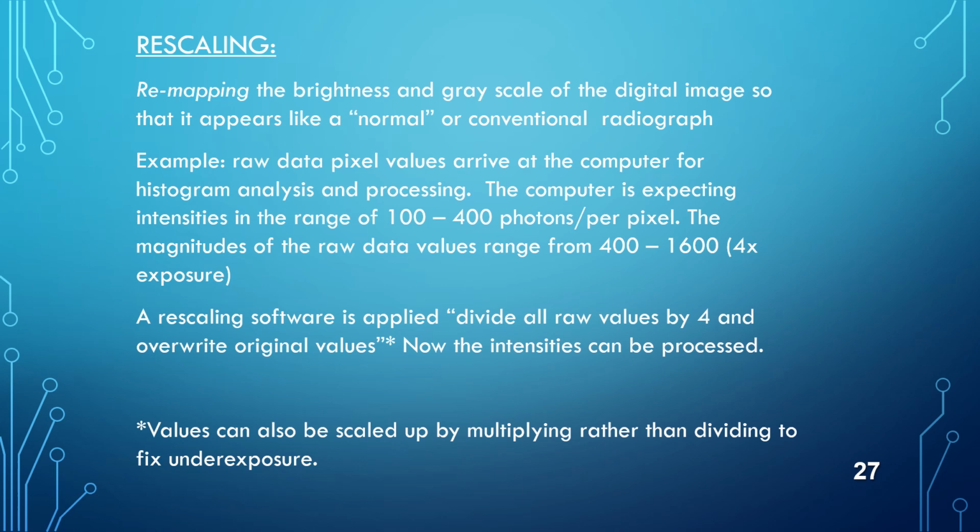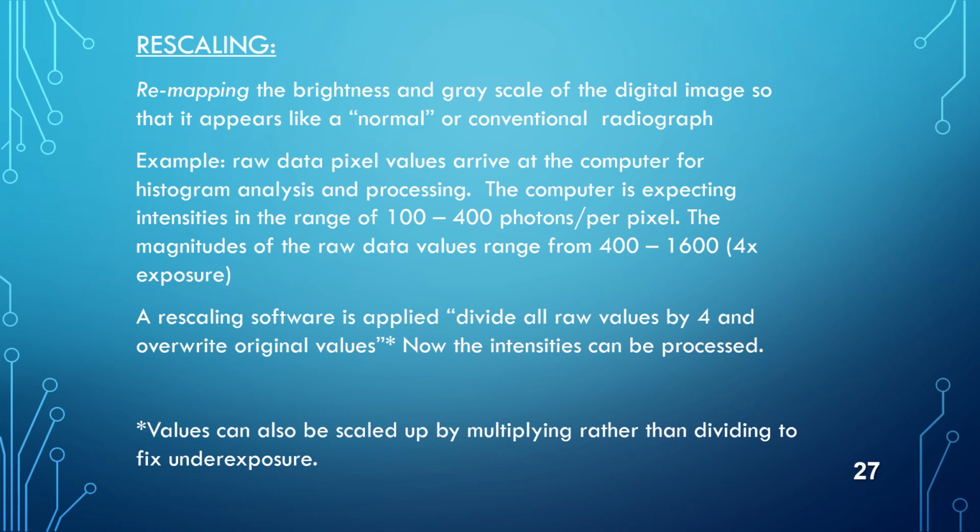Okay, so let's say it's expecting each pixel to catch between 100 and 400 X-ray photons. It's anticipating that. If it only catches 100 X-ray photons, that's going to be bright white. If it catches 400 X-ray photons, that's going to be black.